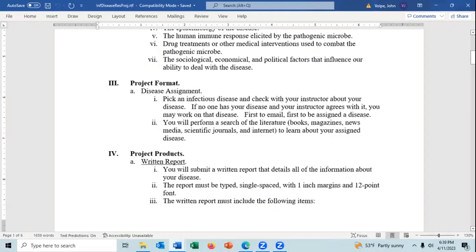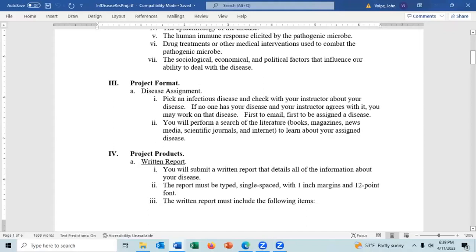The other reason why I want you to request from me is that I will narrow it down. You're not going to be able to do the flu, but you could do influenza A. You cannot do pneumonia, but you can do an infectious bacterium, virus, or fungus that causes pneumonia.